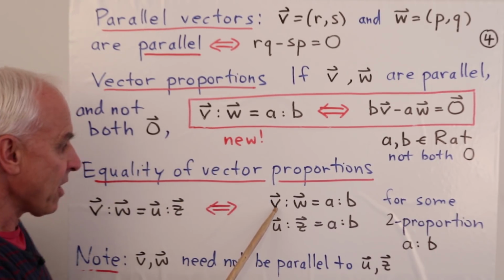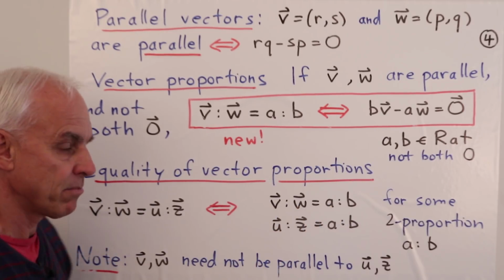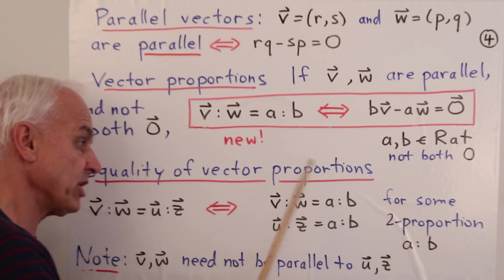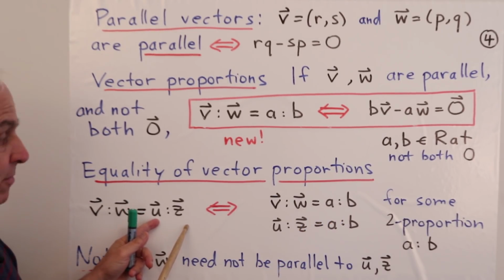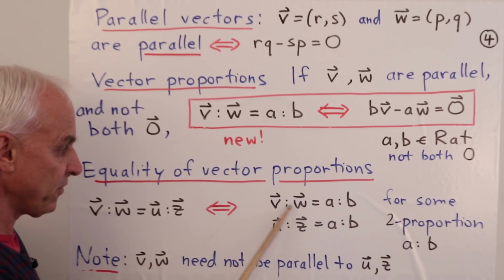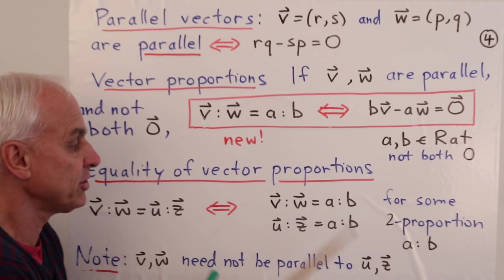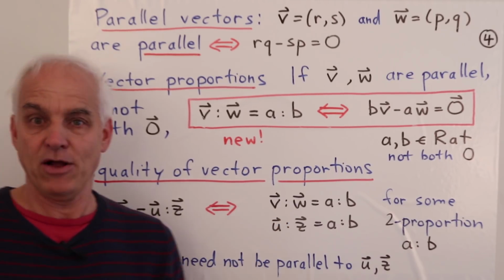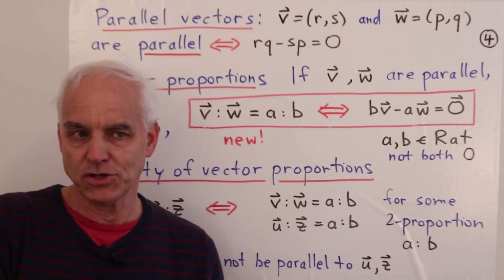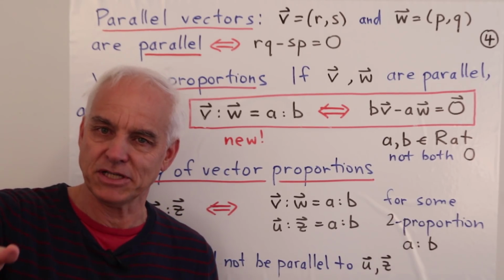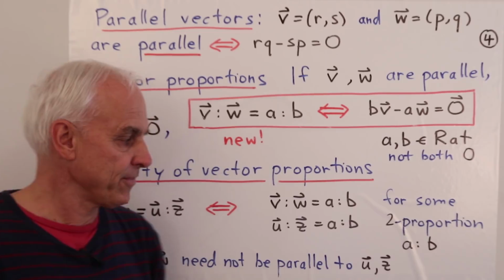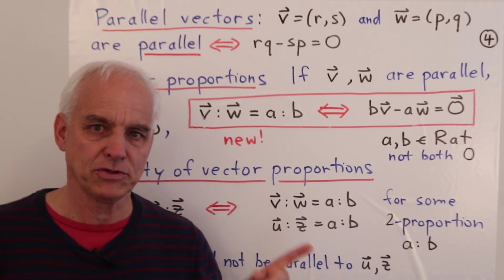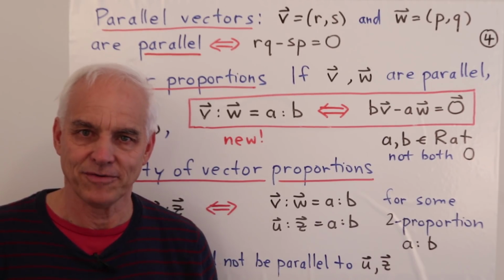Well, when v to w equals some proportion of numbers a to b, and that same proportion a to b is equal to the proportion of the other pair, u to z. So if both v to w and u to z are equal to the same proportion of numbers, then we'll say that these two vector proportions are themselves equal. So we're just establishing sort of transitivity between vector proportions. This is a very useful sort of technical device.